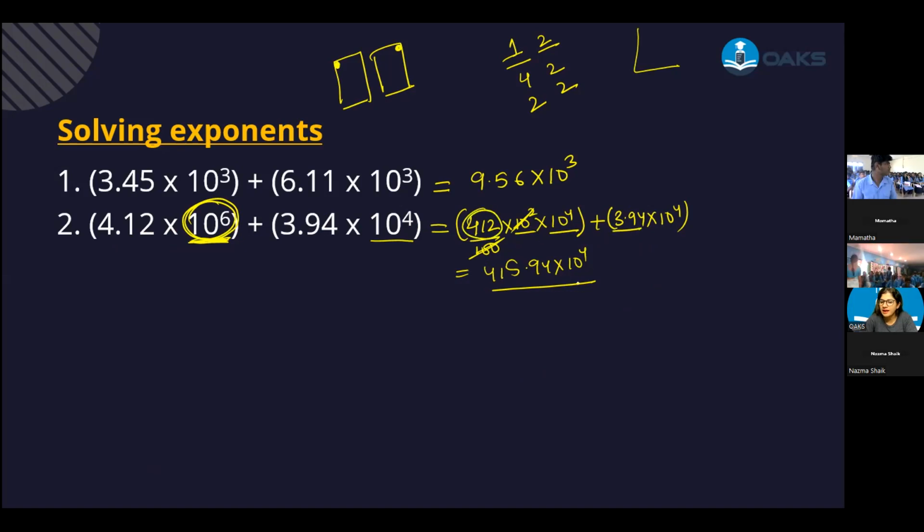I just have to add this. Is that correct? Yes, madam. Okay, you can sit down. Everybody, just match with my answer. If any doubt, you can ask me right now. Any doubt? School 2, are you sure?